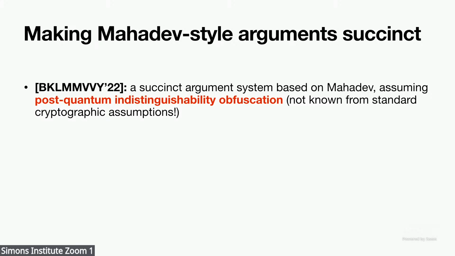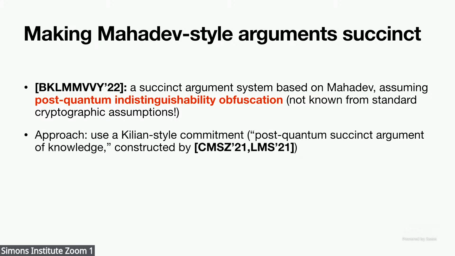This paper by Bartusek, Kalai, Lombardi, Malavolta, Vaikuntanathan, Vidic, and Zhang in 2022 gave a succinct argument system based on the Mahadev measurement protocol. Unfortunately, it had to make a non-standard cryptographic assumption, which is post-quantum secure indistinguishability obfuscation. This is not yet known from standard cryptographic assumptions.